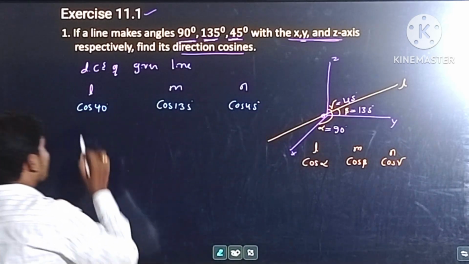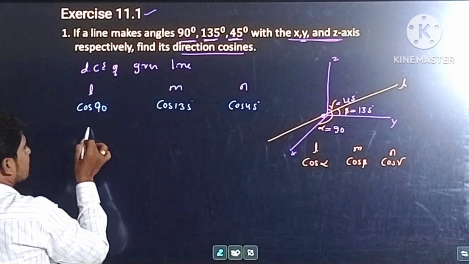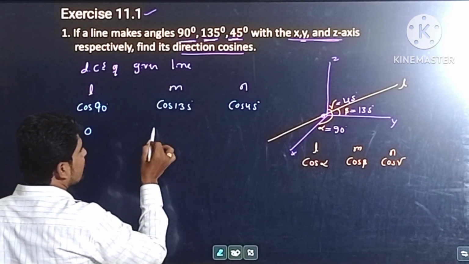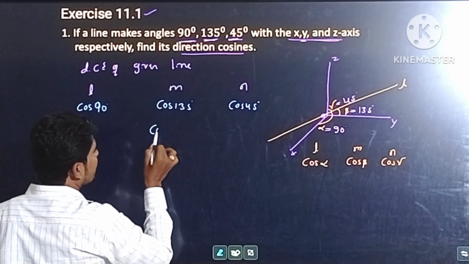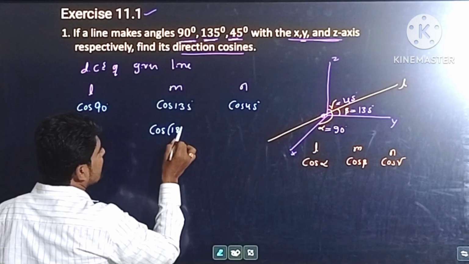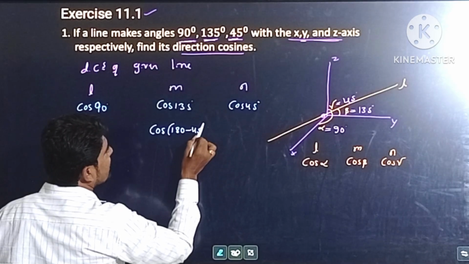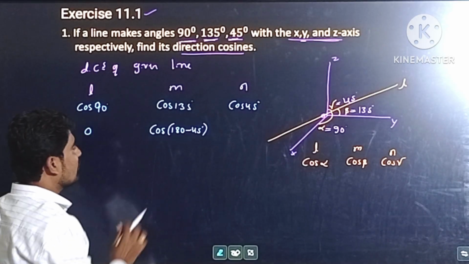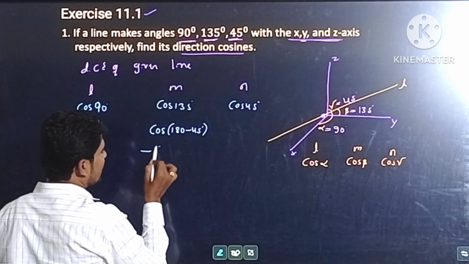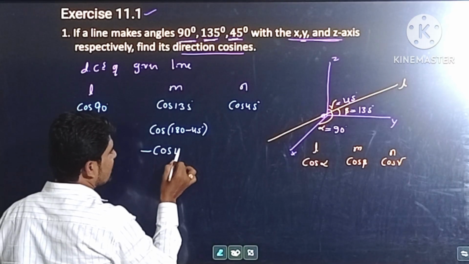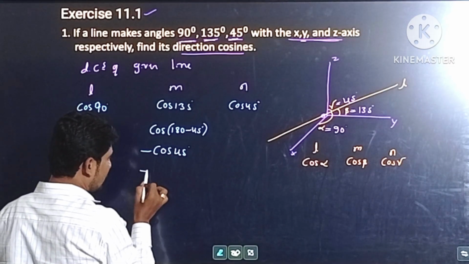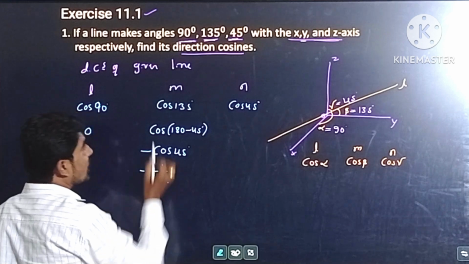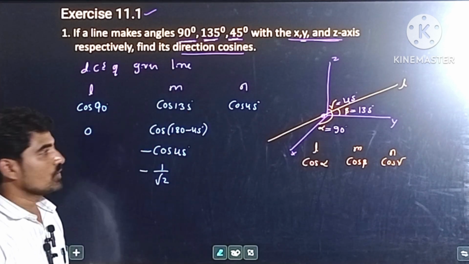As you know, the value of cos 90 degree is 0, and cos 135 degree can be written as cos of 180 minus 45 degree. By the allied angle formula, cos of 180 minus theta is minus cos theta, where theta is 45 degree, and the value of cos 45 is 1 by root 2. Hence, the value of m is minus 1 by root 2.